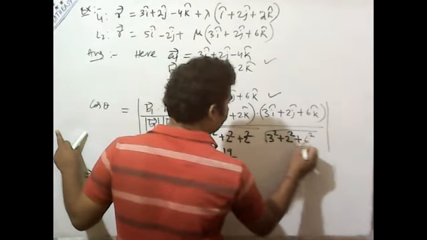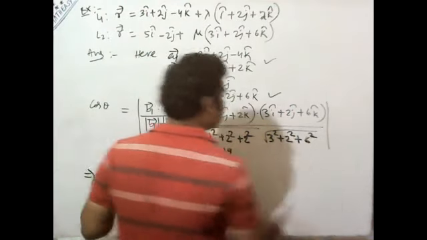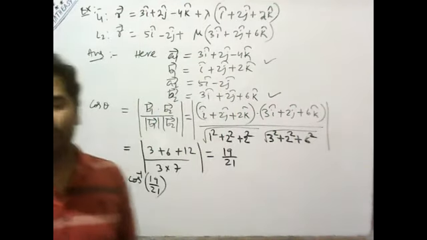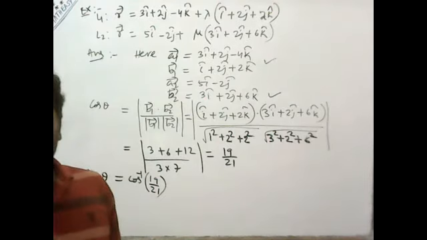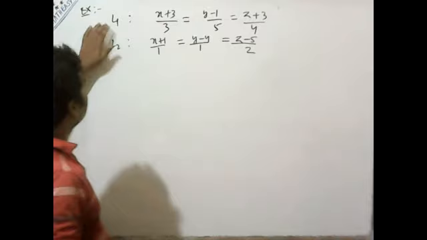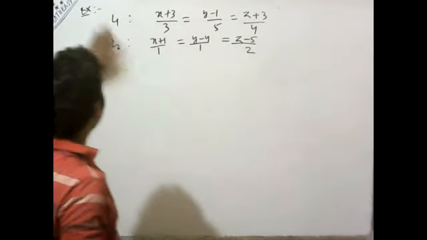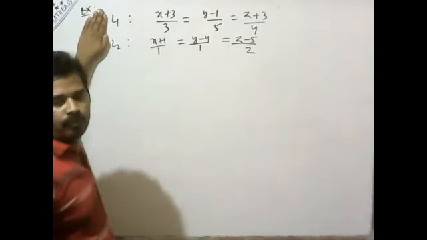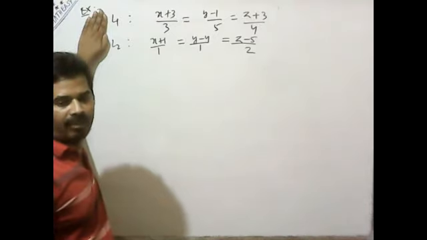If the line is not given in vector form but in Cartesian form, then what will you do? Now you take the direction ratios given, because this is in Cartesian form. Two lines are given in Cartesian form.